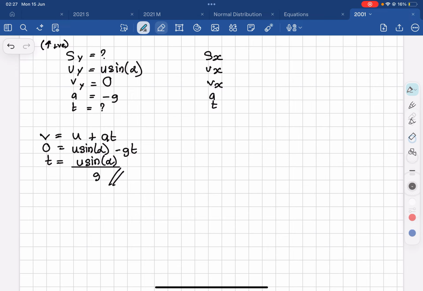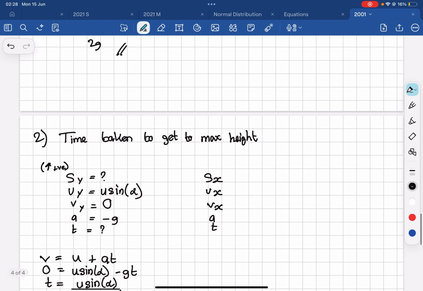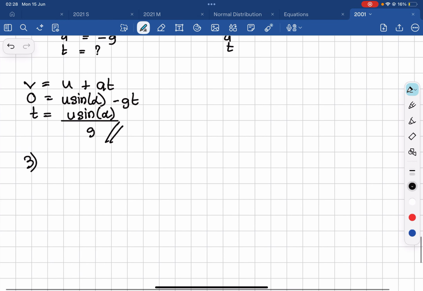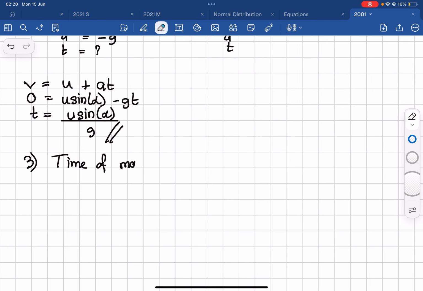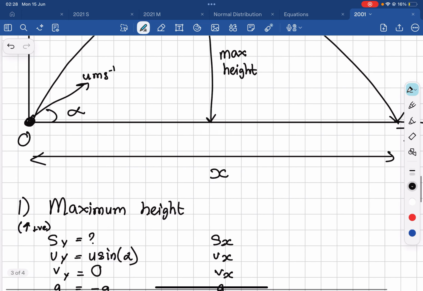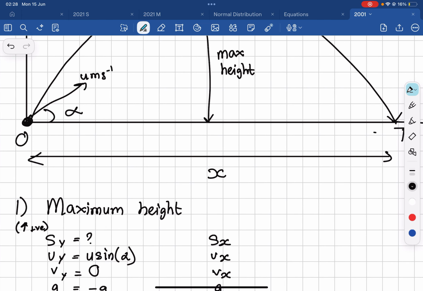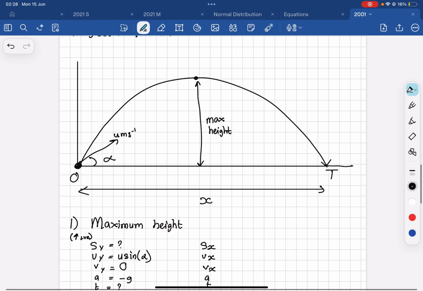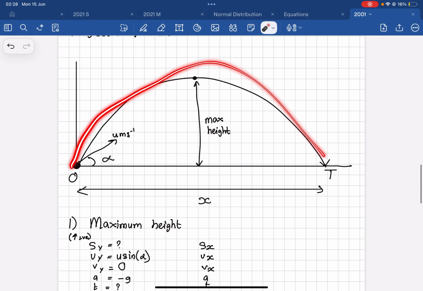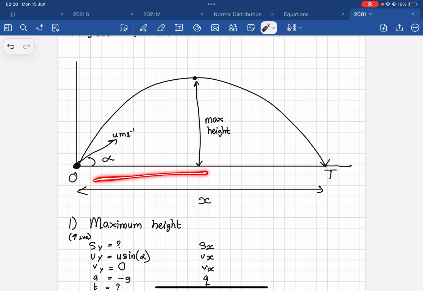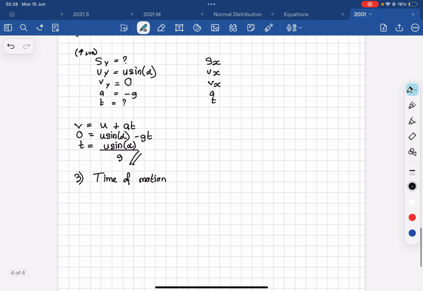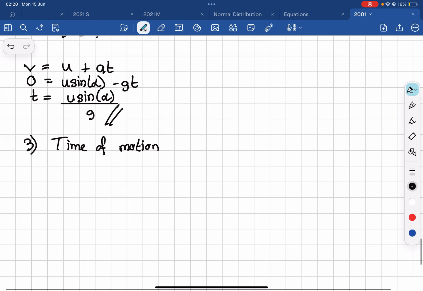The third equation we derive, which is not much of a derivation, is the time of motion. Well, we define motion in this situation from here all the way to here. Since this projectile is modeled as a parabola, we can just double the time from here to here to get all of this, which is just 2 times this t we worked out.